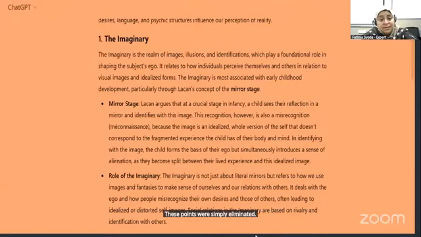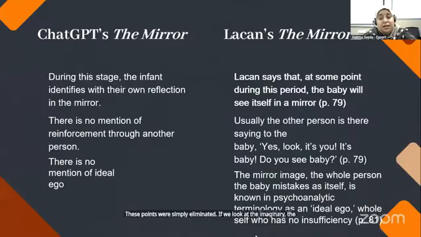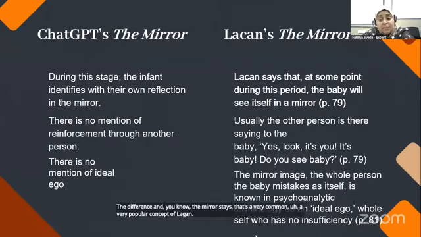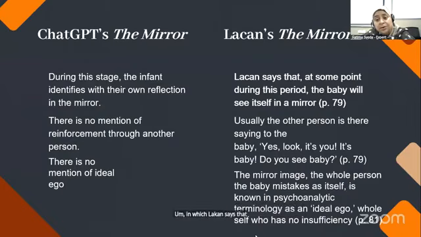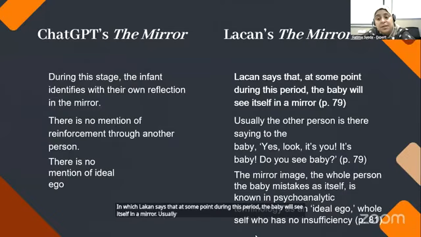If we look at the imaginary, the next stage of Lacan, the difference and the mirror stage, that's a very common, a very popular concept of Lacan, in which Lacan says that at some point during this period, the baby will see itself in a mirror. Usually, the other person is there saying to the baby, "Yes, look, it's you, it's baby. Do you see baby?"